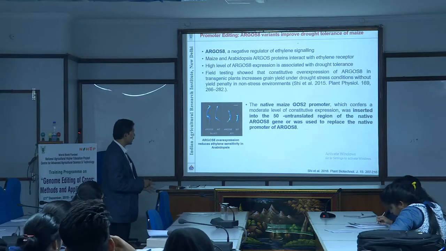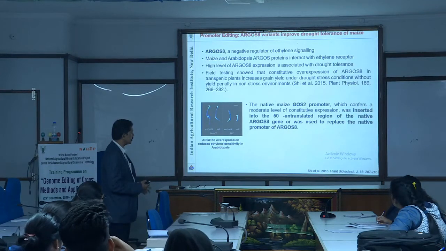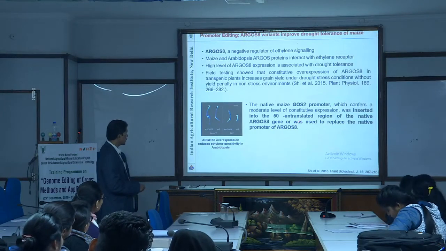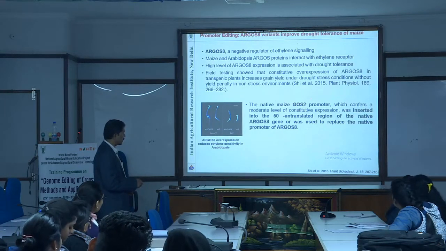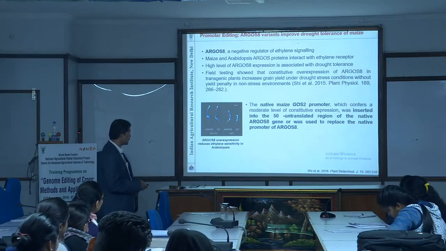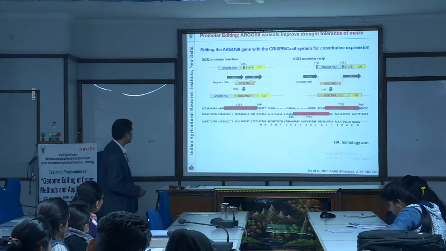So for that they needed a promoter which is not very strong, otherwise the entire ethylene signaling may be inhibited. So they selected a promoter. This study was conducted in maize. They selected a GOS2 gene promoter which has a moderate expression.